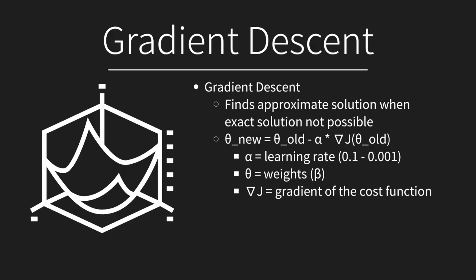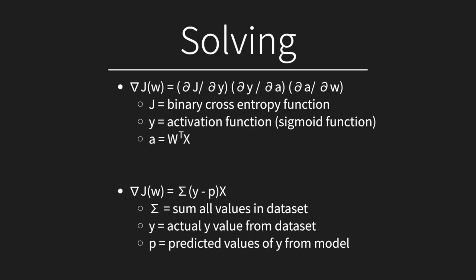In order to find the partial derivative of the cost function with respect to the weights, you need to take 3 derivatives. You take the derivative of J, the cost function, with respect to y. That's the activation function, the sigmoid. Then you take the derivative of y with respect to the input of the activation function, and again the activation function here is the sigmoid.